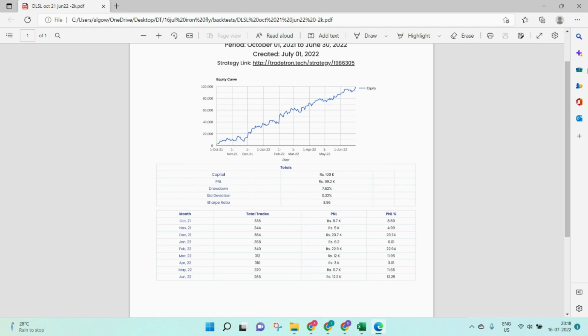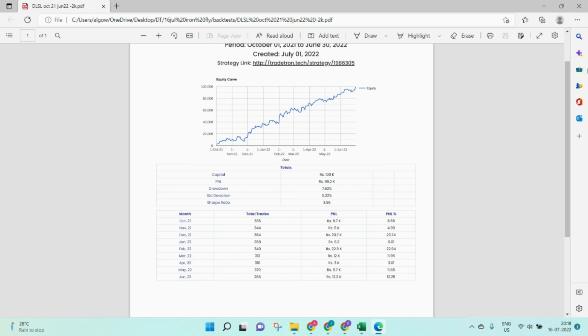Let us take it 6% if we exclude the slippage, or very conservatively we take it 5%. So instead of 10%, I'm taking it as 5%.